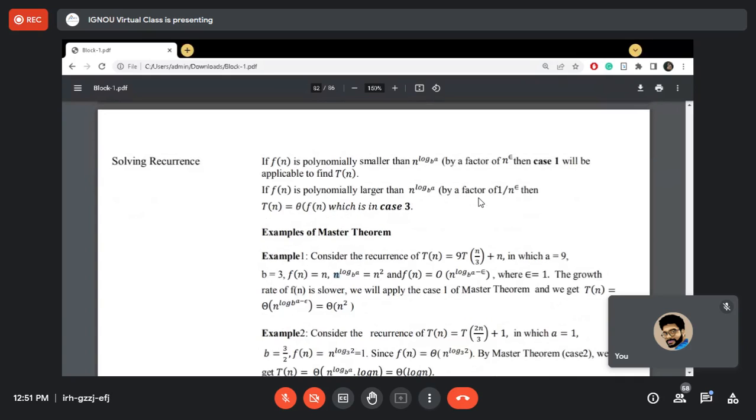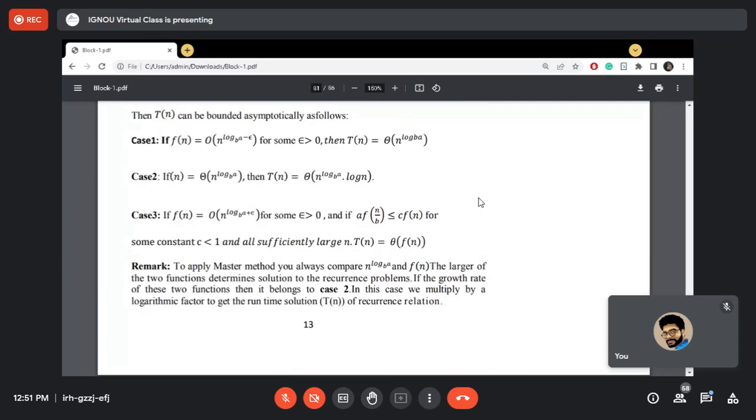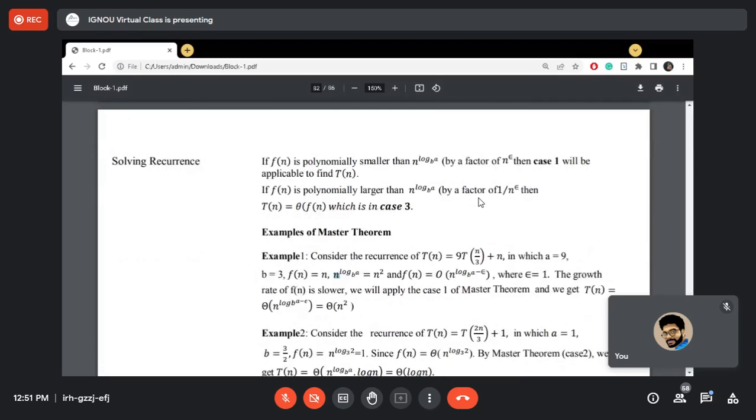Now we have to compare the two values, F(n) and n to the power log base b of a. The value of F(n) in this question is n, and n to the log base b of a is n squared. Which one is greater? n squared is greater.